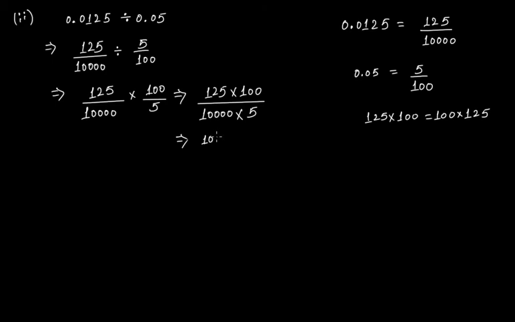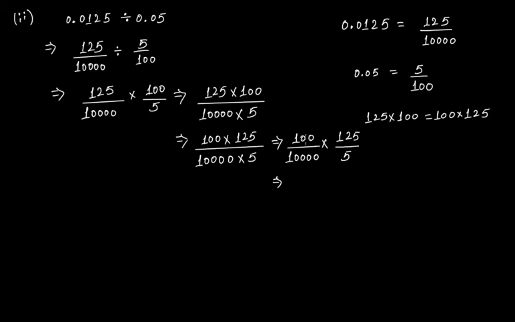So this is 100 times 125 divided by 10,000 times 5. This can be written as 100 over 10,000 times 125 divided by 5. If you find the highest common factor of 100 and 10,000 you will get 100.